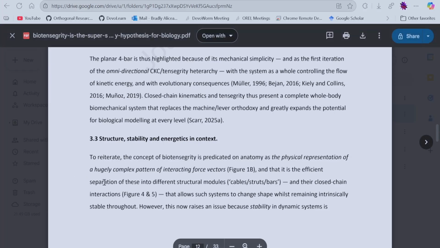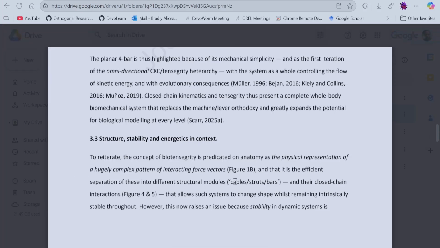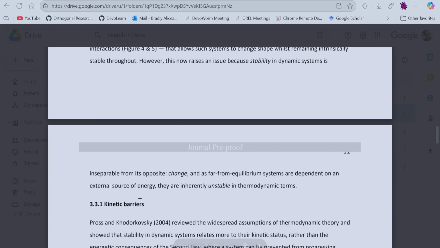And then there's a sufficient separation of these into different structural modes, cable/thread/bars, as closed chain interactions that allow such systems to change shape while remaining intrinsically stable throughout.